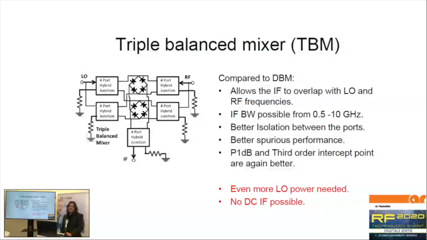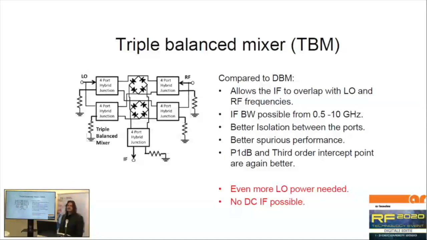And then, to step it up again, we go to a triple balanced mixer, also sometimes called a double double balanced mixer, because you use two of the same circuits of a double balanced mixer. So I would say it is quadruple in that case, but okay, they call that triple balanced.